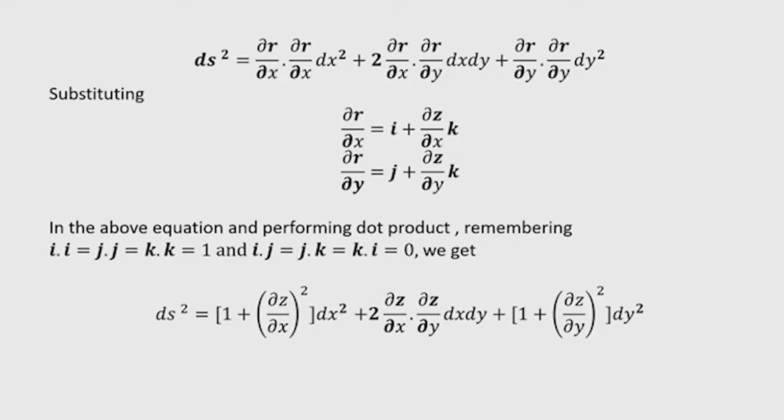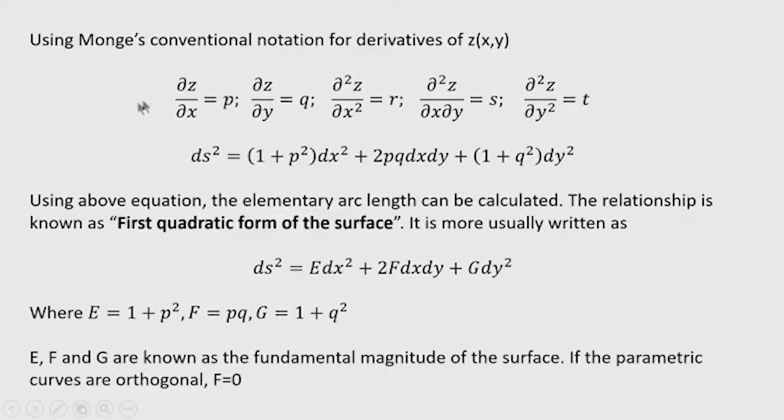So, further denoting this del z by del x by p, there is a convention that is used by one author, Monks, in shell structure, and this convention is followed in differential geometry to represent the surface, parametric form of the surface. So, we generally represent the slope by p.